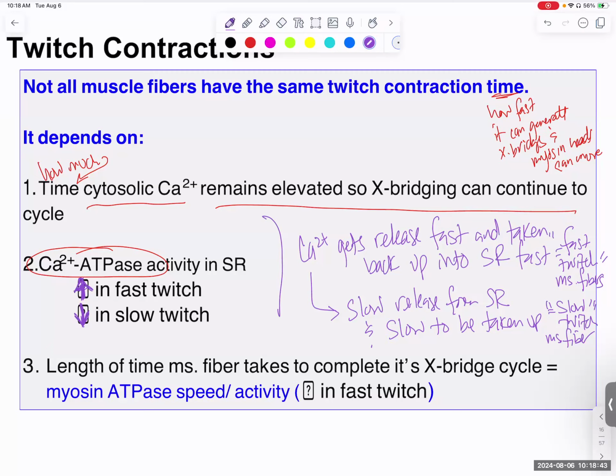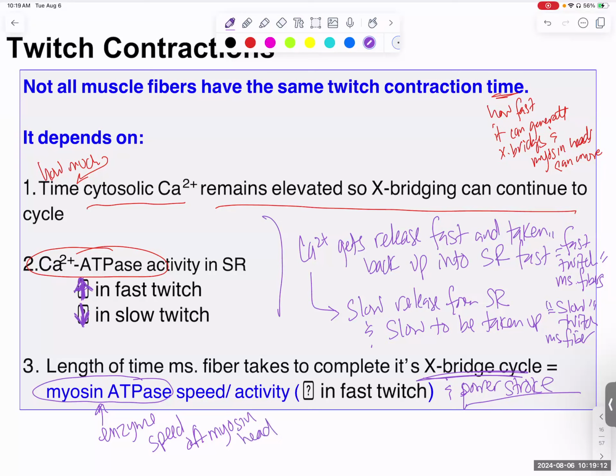and then also the length of time a muscle fiber takes to form a cross bridge and to do a power stroke. So how fast it can do a power stroke has to do with the enzyme on the myosin head. So in a fast twitch muscle fiber, it really has fast enzymes.